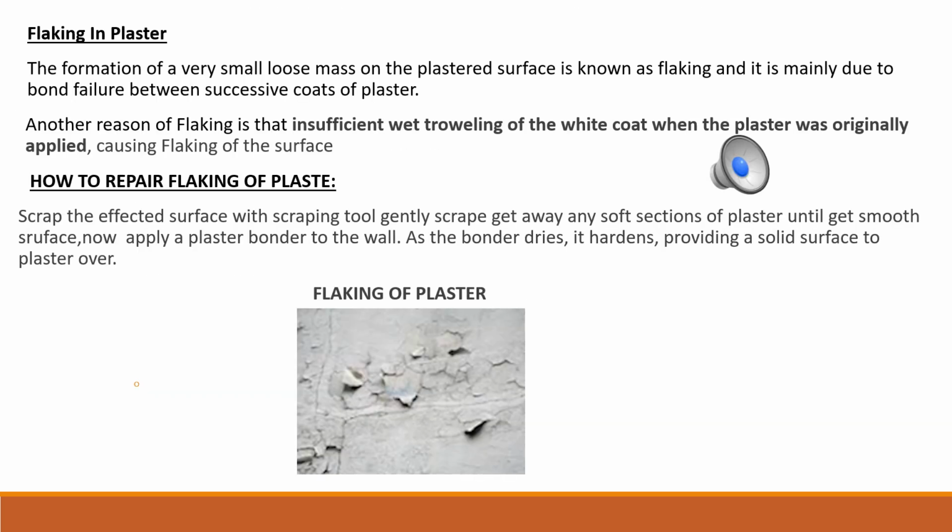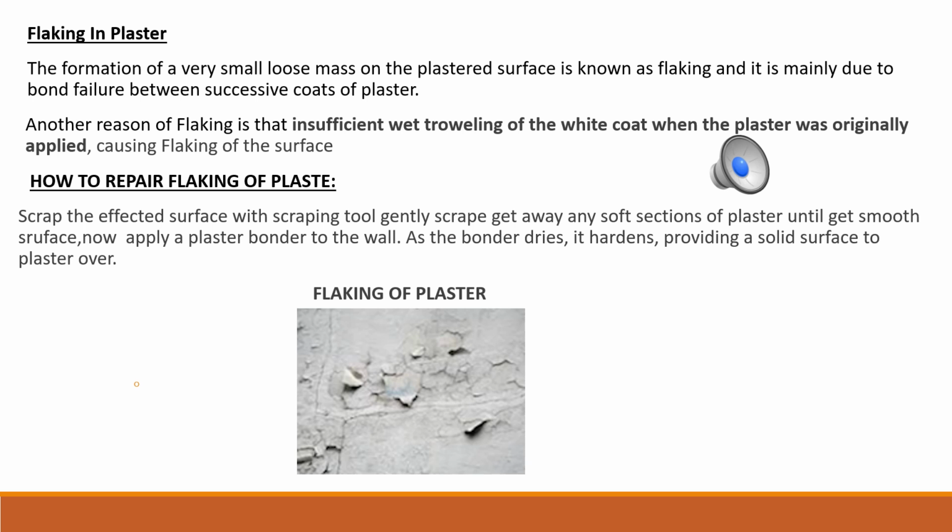As you see in the picture about flaking in plaster, we will explain how it occurs. Due to some loose mass deposited on the surface of the plaster, the reason is failure of bond between the layers of the plaster.